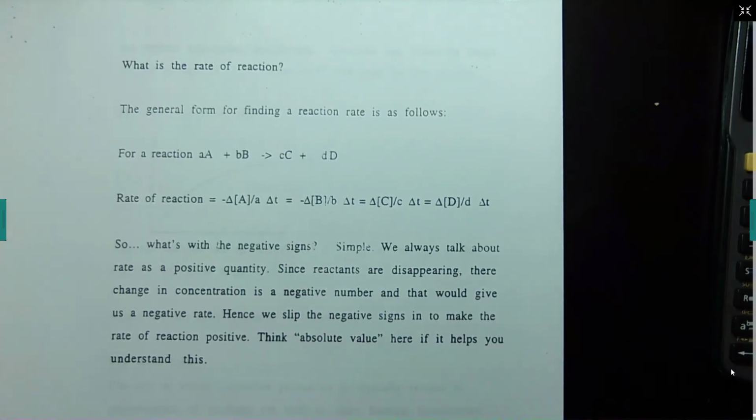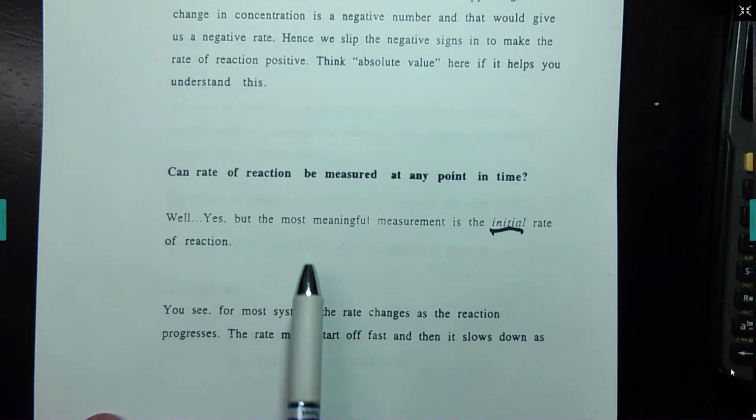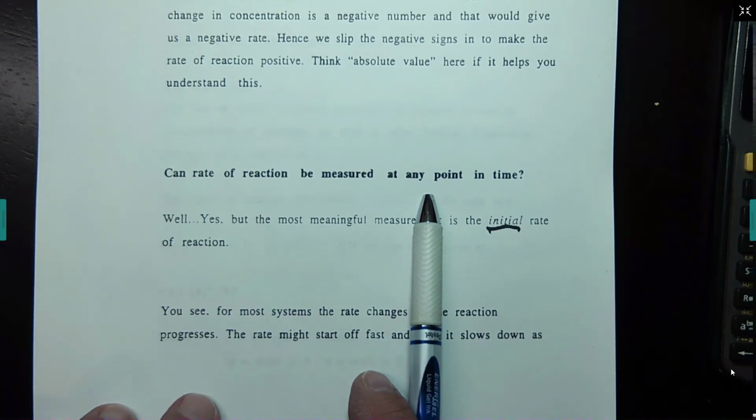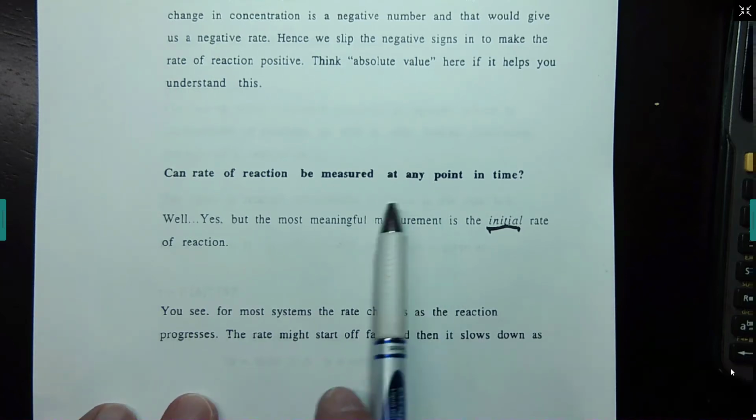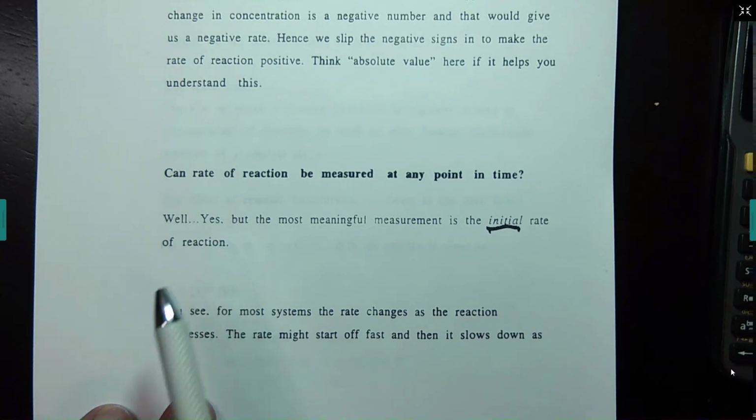Real quick, let's take a look at when you measure a reaction rate. Can you measure a reaction rate at any point in time? Well, yeah, you sure can. But for the vast majority of reactions, the rate of the reaction changes over time.